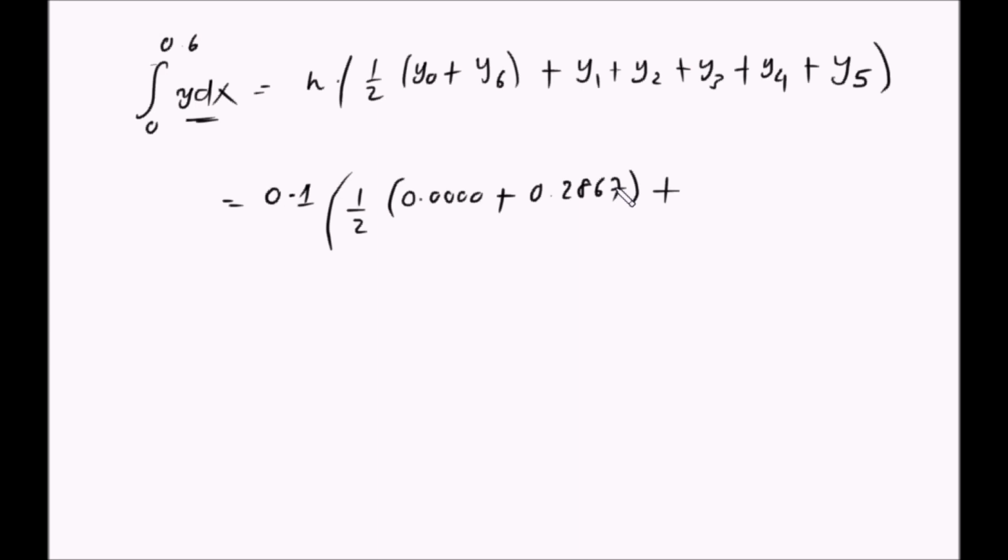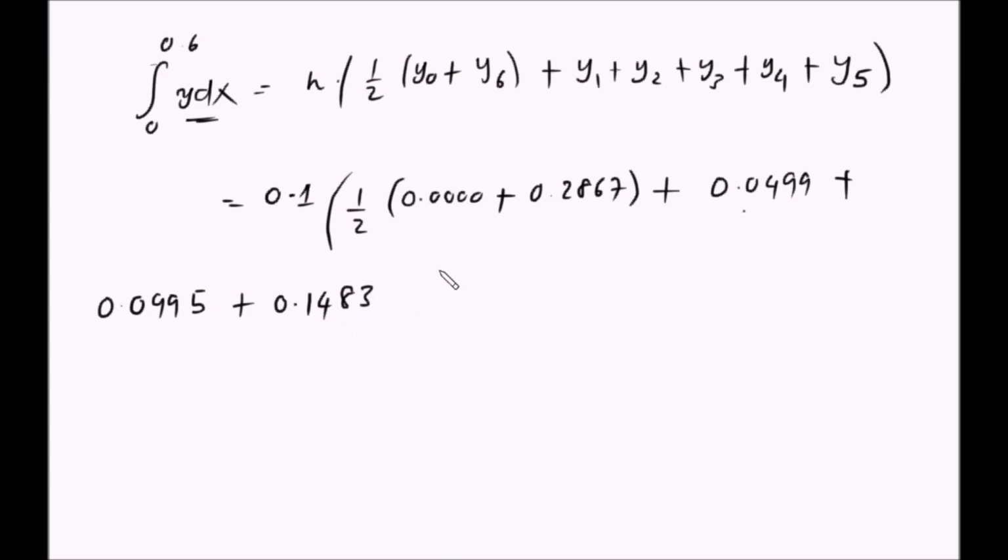So y1 manake ni, ukirudi kwenye table kule utaona ni 0.0499 plus y2. y2 manake ni 0.0995 plus y3 manake ni 0.1483.